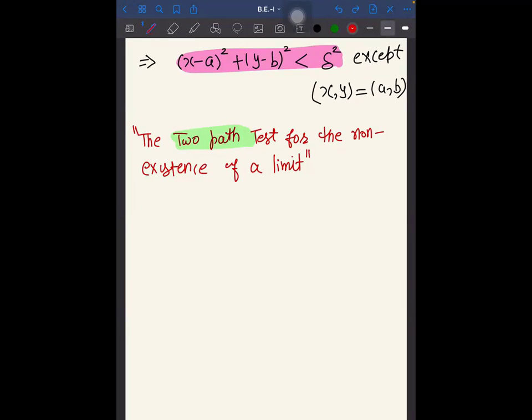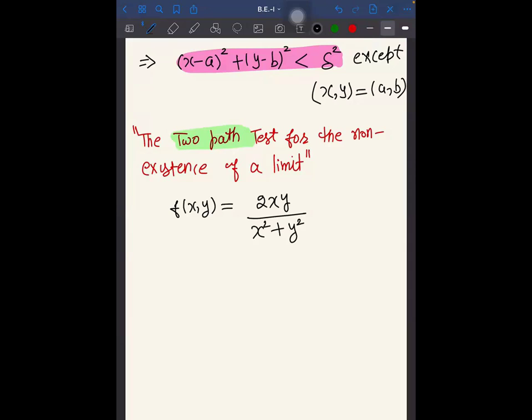So how we do it? So I'll give one example for that. This is the example which is already present in the book. So example is f of xy is equal to 2x square y upon x square plus y square. Let me make it a simple example: 2xy upon x square plus y square, right?